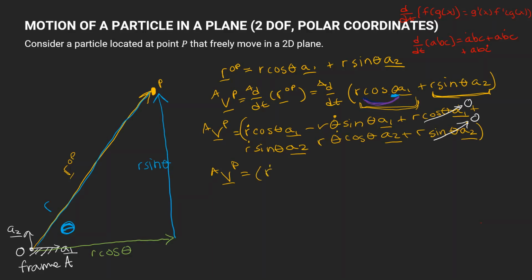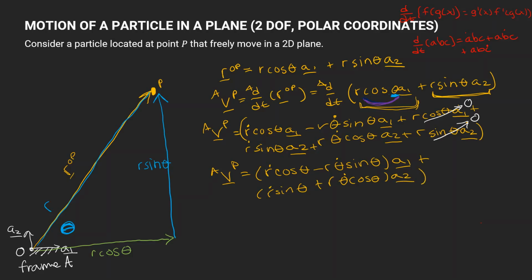So I have the time derivative of r cosine theta minus r theta dot sine theta a1 plus r dot sine theta, that should be a plus, plus r theta dot cosine theta a2.